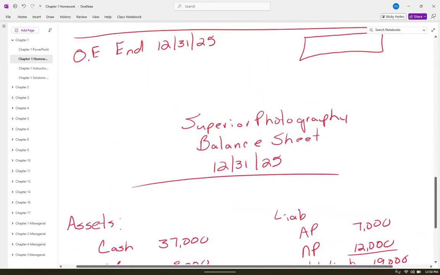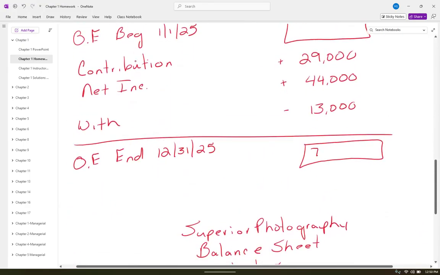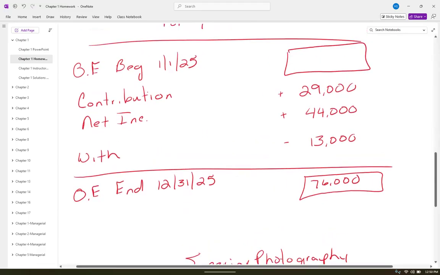Okay. Now we're going to go backwards. That's this number right here. Okay. So that's 76,000 is the ending. Now we're just going to back into what was the beginning owner's equity. If you think about this line right here being an equal sign, so if you say beginning balance plus contributions plus net income minus owner withdrawals equals 76,000, it is just an equation you are solving.